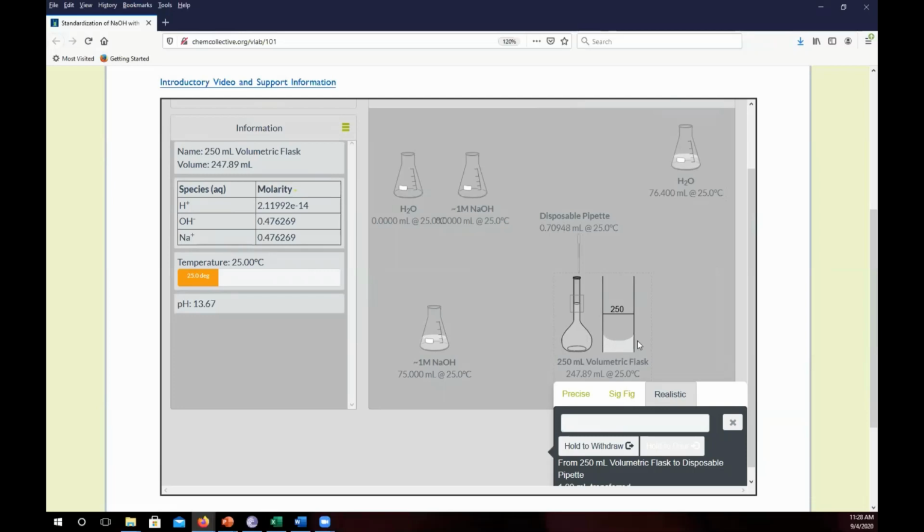Notice the volume in the volumetric flask is now appearing in the neck. You want to add the amount of water until this point reaches the exact 250 milliliter mark.